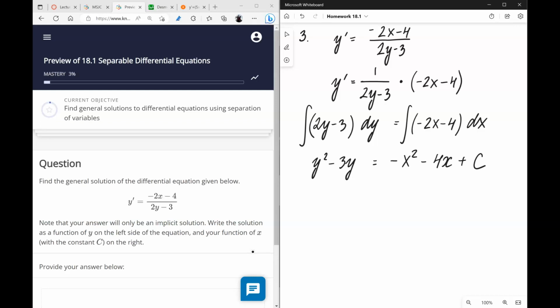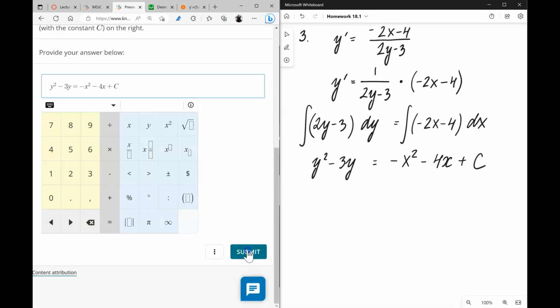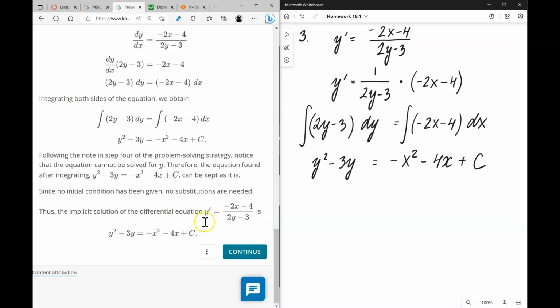And in this case, we don't have to write the solution in explicit form, so we're pretty much done. Let's just type this up. And that's it for number 3.